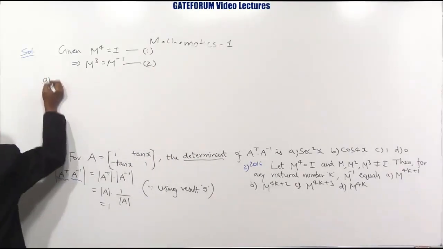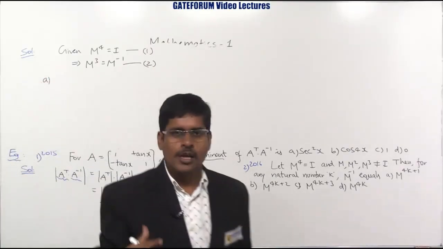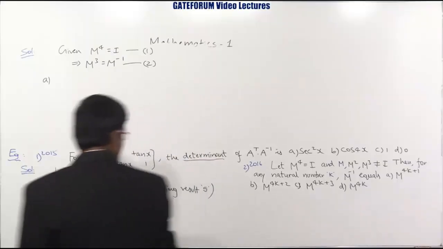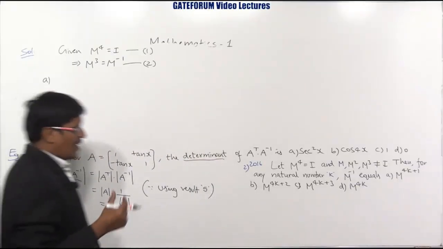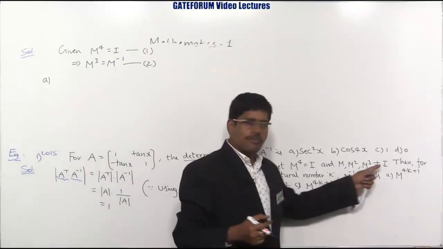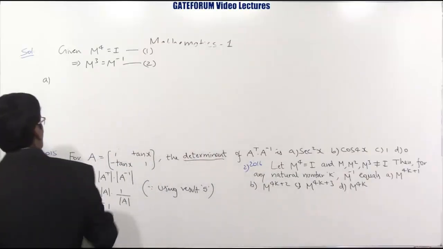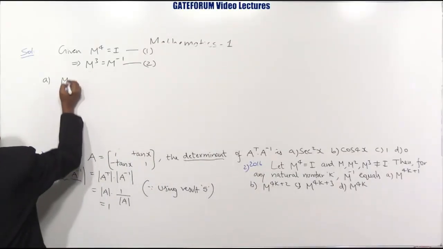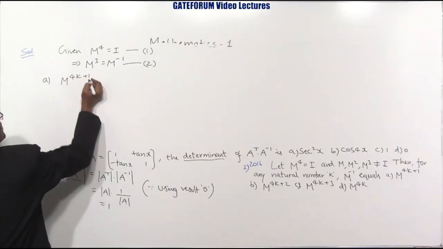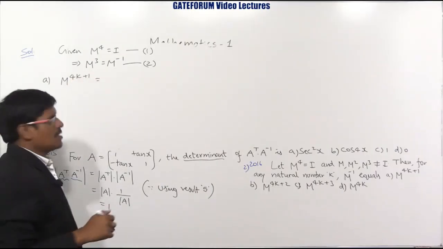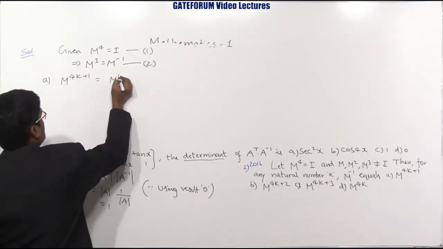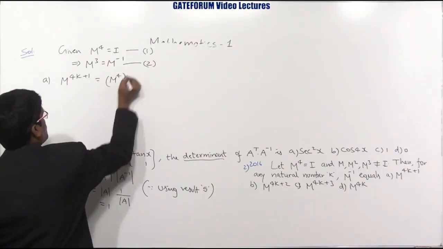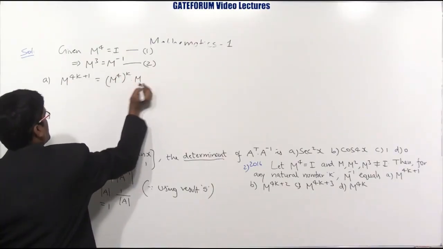Now, some problems whose solutions are obtained by the options method. What is option A? So we have to find first of all m inverse, which is equal to one of the options. We got m inverse is equal to m cube. So what is option A? M power 4k plus 1. This is according to indices. I can write m power 4 whole power k into m.